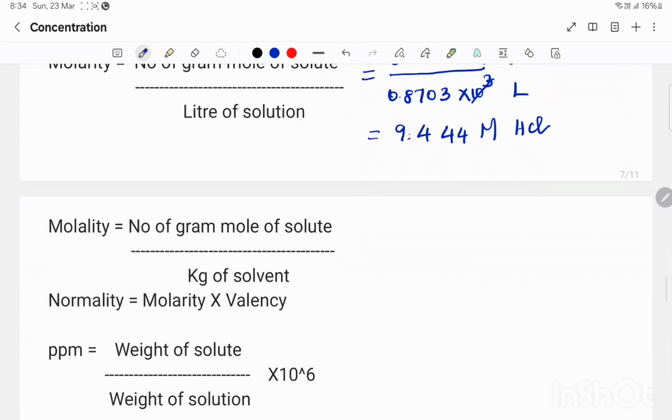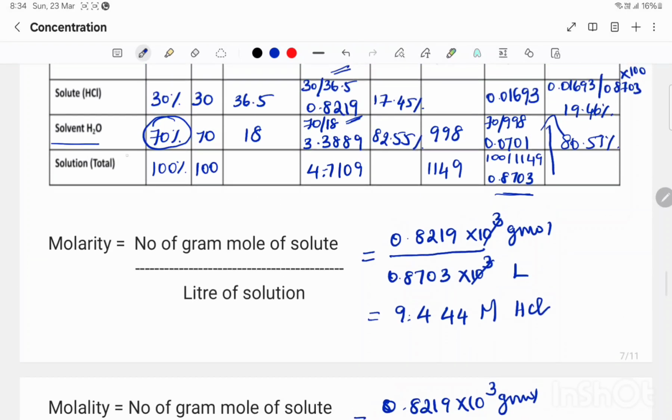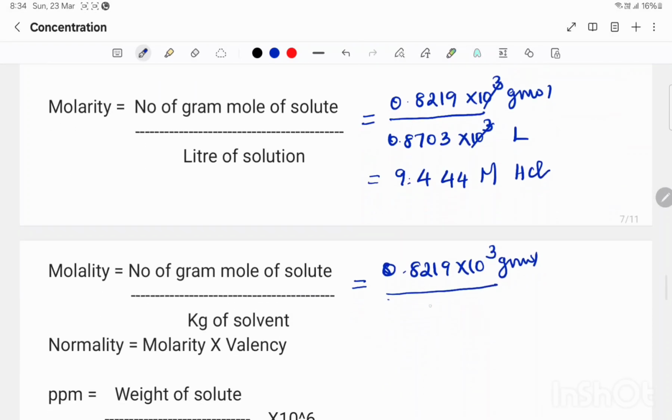So next one, we need to calculate molality. Molality is number of gram moles of solute by kg of solvent. Number of gram moles of solute is 0.8219 into 10 raised to the power 3 gram mole, same conversion of kilomole into gram mole, by kg of solvent. So mass of solvent is 70, so kg of solvent is 70.